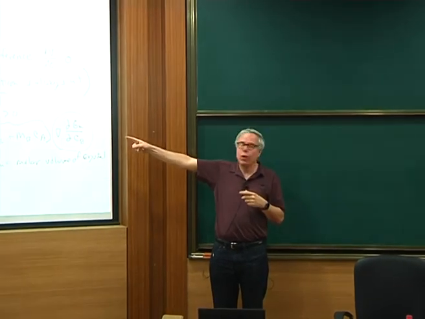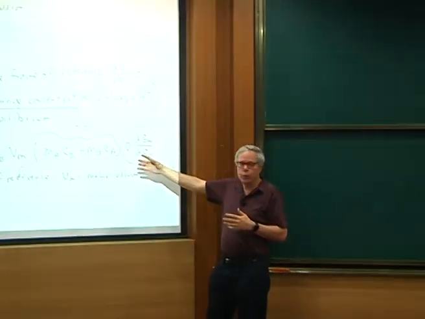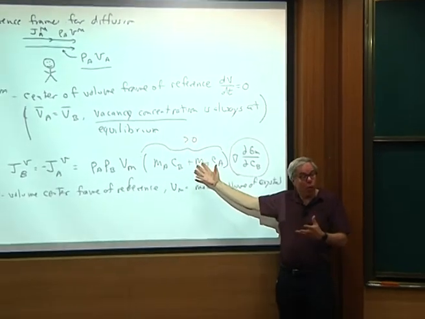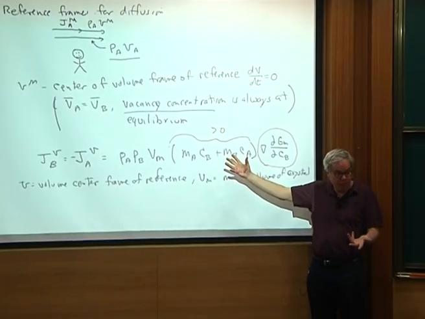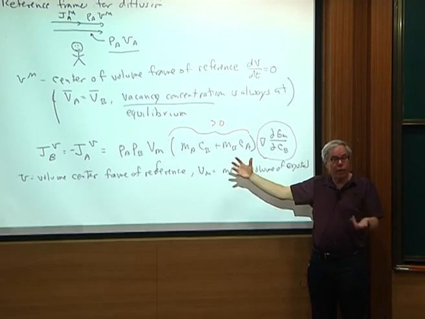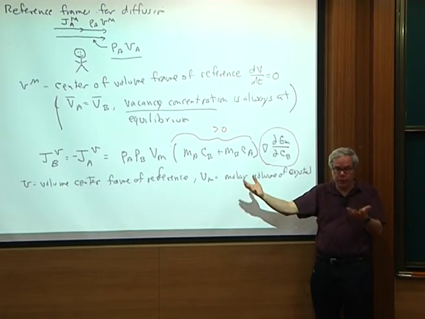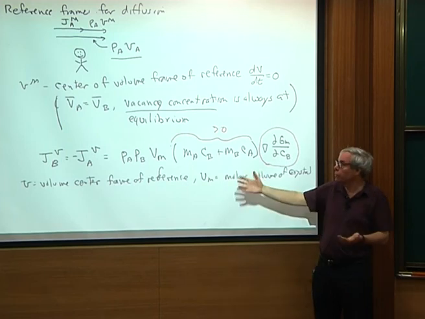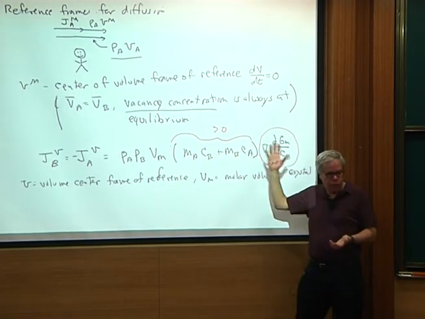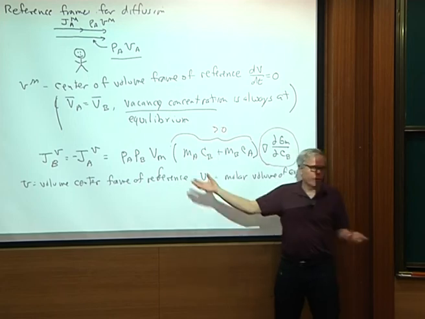So the extra flow you would get due to this center of volume frame is small, and you don't have to worry about it. But if you were doing solid-vapor phase transformations where you have big differences in molar volumes, you can have substantial flows due to the diffusion process. It might be important.